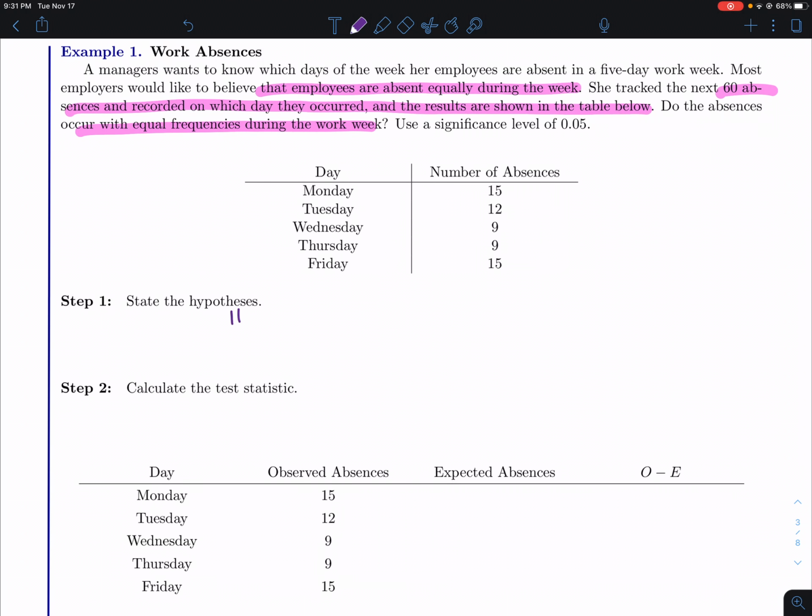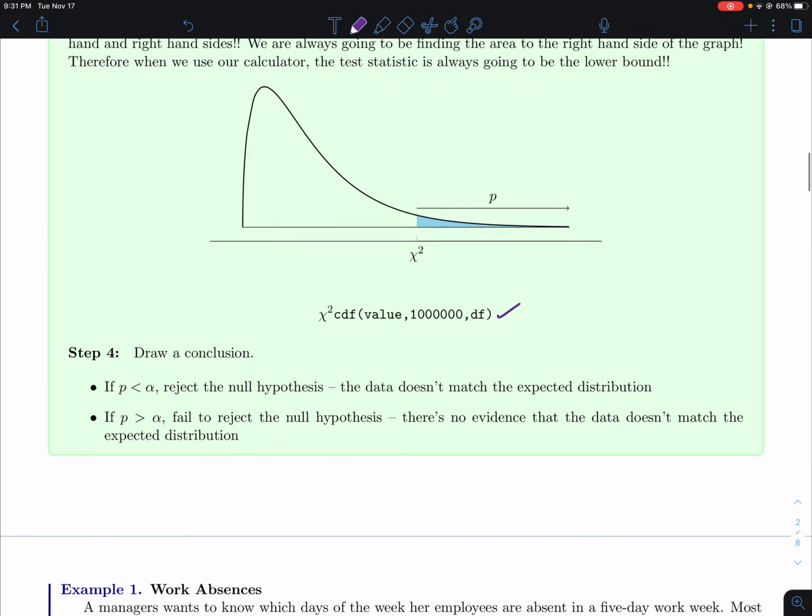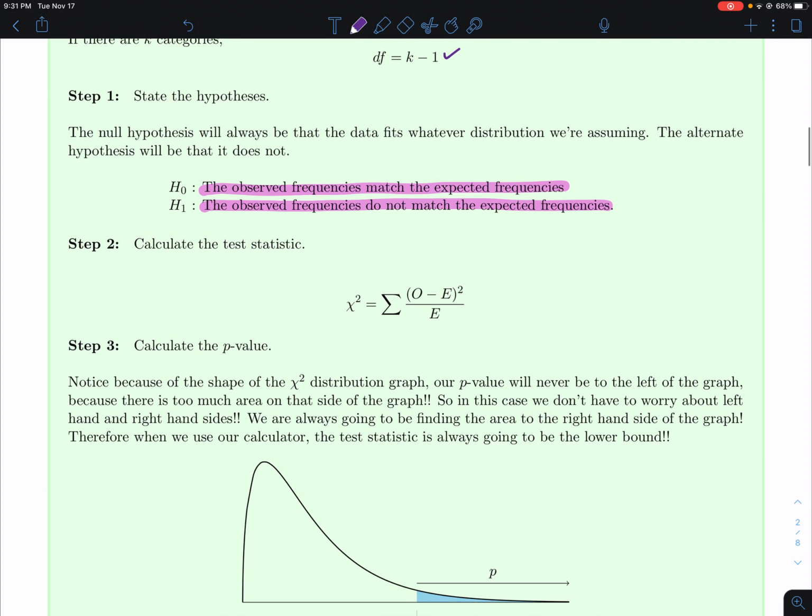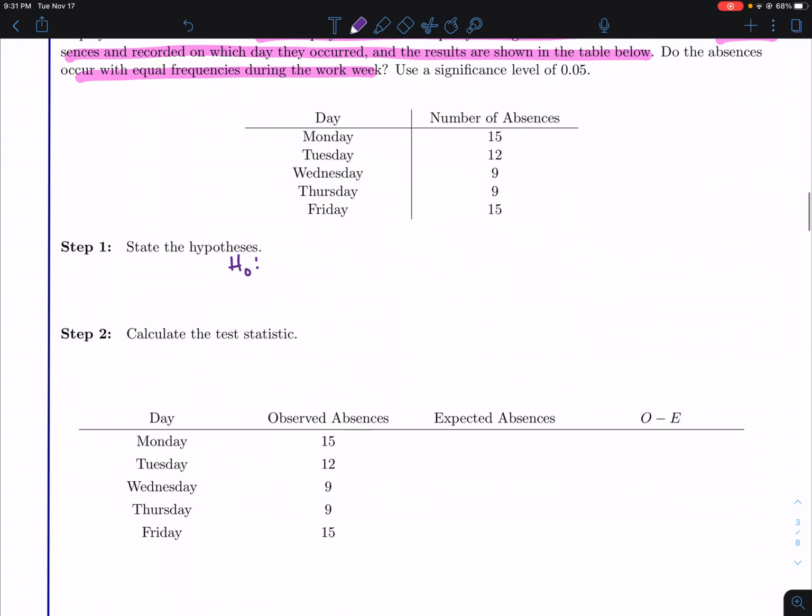So our H naught, remember what we're looking for is the observed frequencies match the expected frequencies. So what that means is that the expected absences match the observed absences.